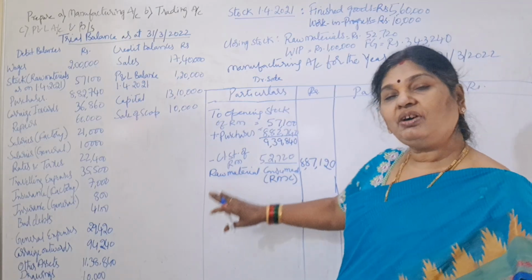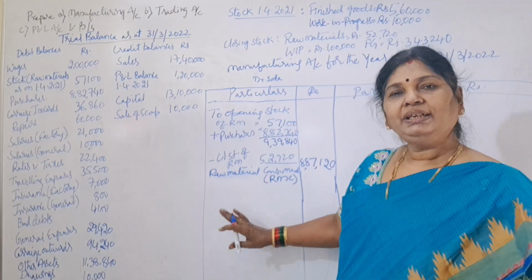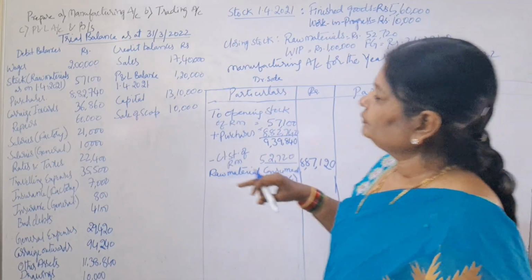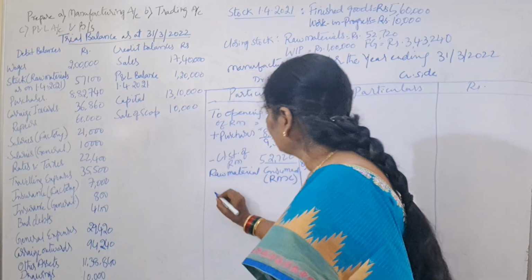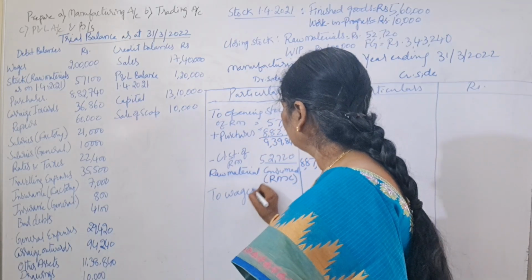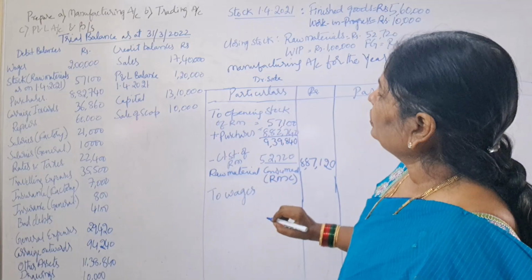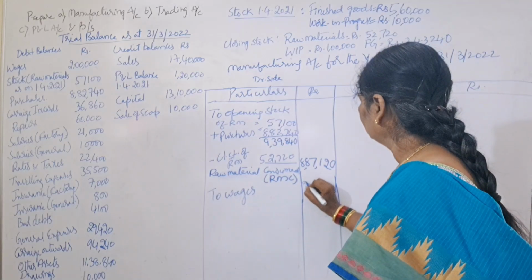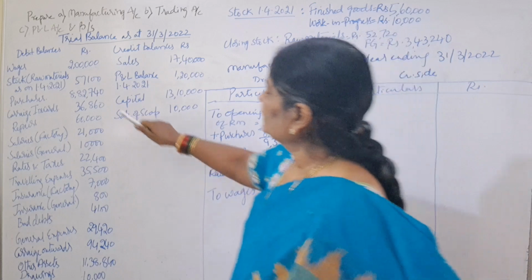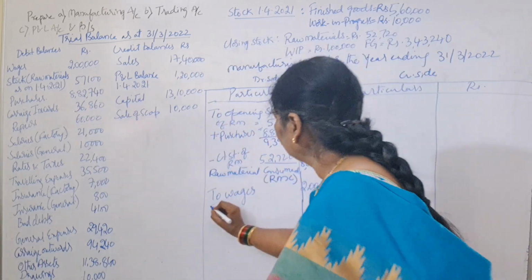So next we will take all the other manufacturing expenses whatever are incurred in the business. So next, wages. So to wages, what's the amount? 2 lakhs. Next, carriage inwards.